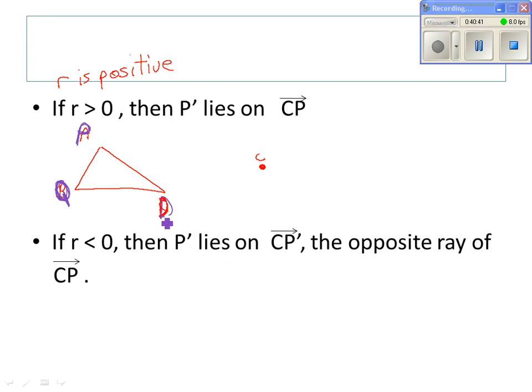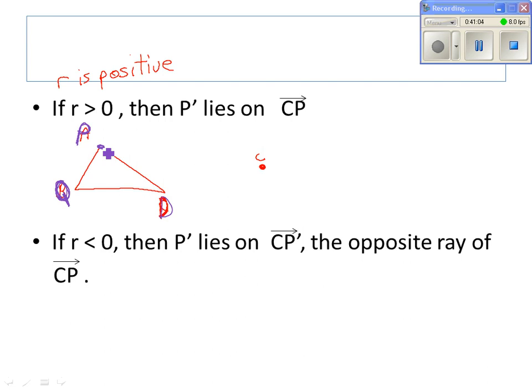P prime, so that's where this point P right here is going to end up, will lie on the ray. Does everybody remember that symbol means ray? The ray CP. Where would the ray CP go? Let's have somebody come up here and draw the ray CP.